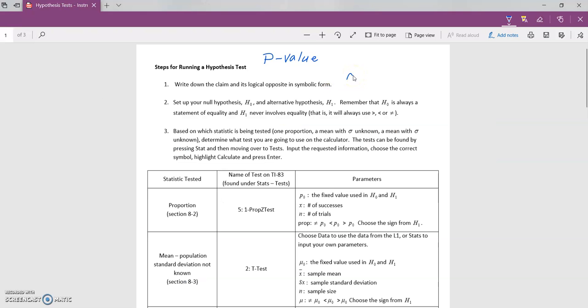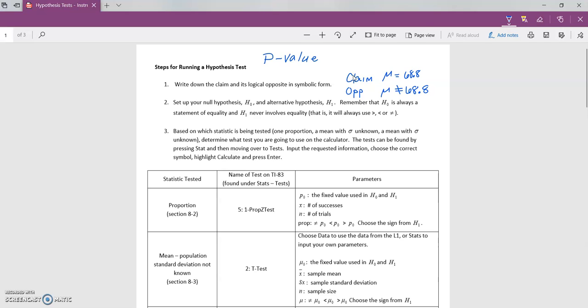The claim is that it equals 68.8, and then the opposite, well, what would be the opposite of equals? It would be not equals. So we use this symbol for not equal to 68.8. Now that homework problem didn't ask for it, but we're going to write it down here because it's part of our process. So that's step 1, writing down the claim and the opposite of the claim.